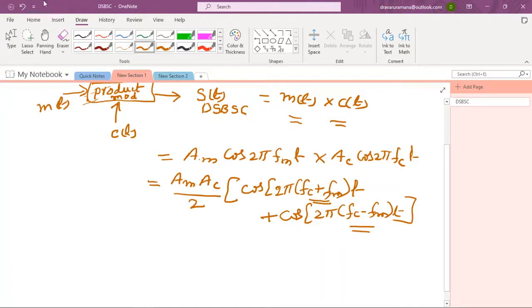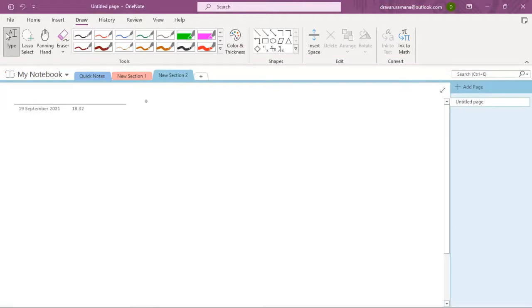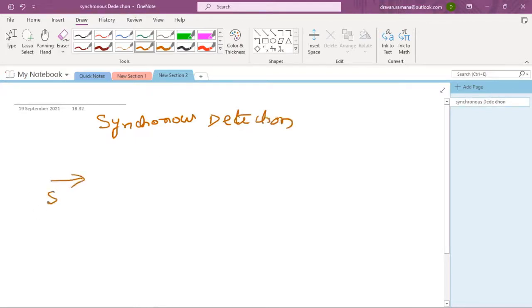Similarly, we can go for a demodulation scheme. Here we use synchronous detection. It is the most popular detection of DSBSC. In synchronous detection, we have the DSBSC modulated signal.